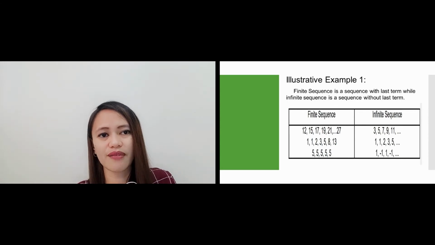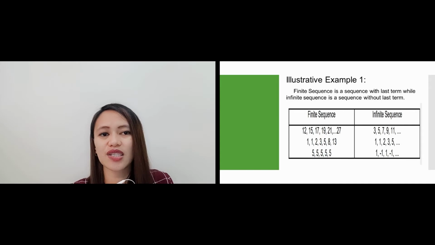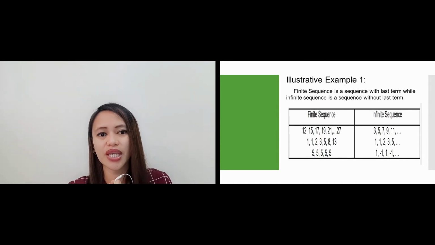The other one you have 1, 1, 2, 3, 5, 8, 13. The last one that you have there is 5, 5, 5, 5, 5. Those are finite sequences. If you have the last term, that is a finite sequence.